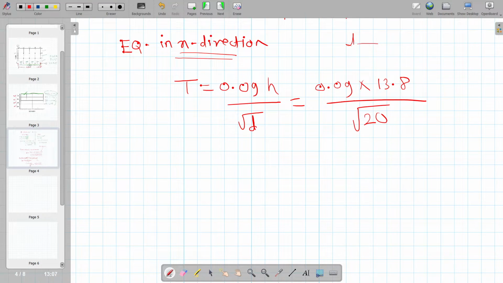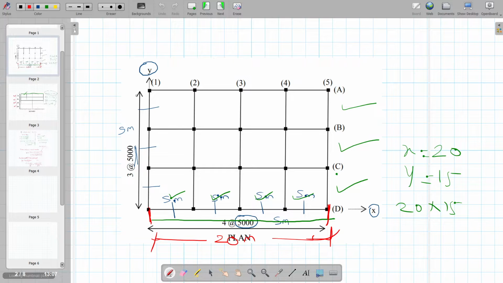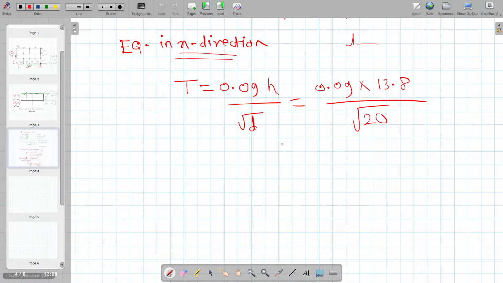Okay, if you are doing for y direction, then your d will be this much, that means 15 meter. So it depends upon in which direction you are calculating. We are calculating for x direction, hence we consider 20 meter. So we will get the time period here. Time period is 0.28 seconds. Remember this value also.